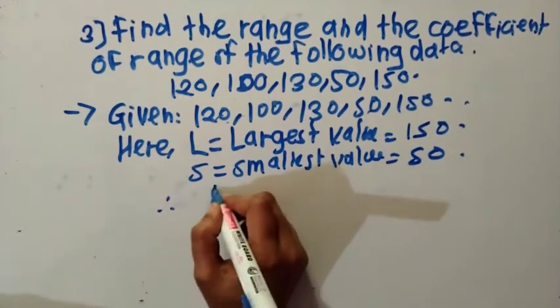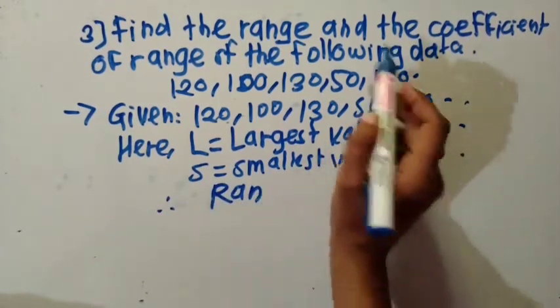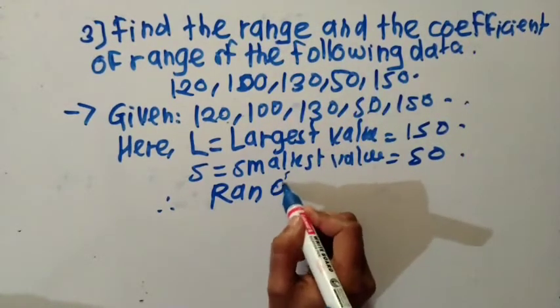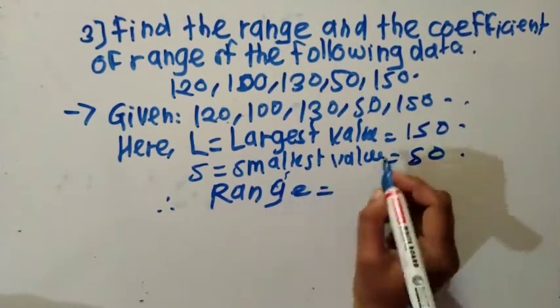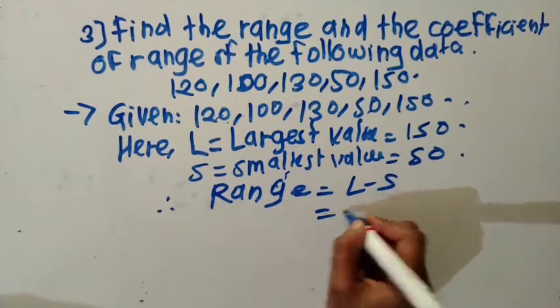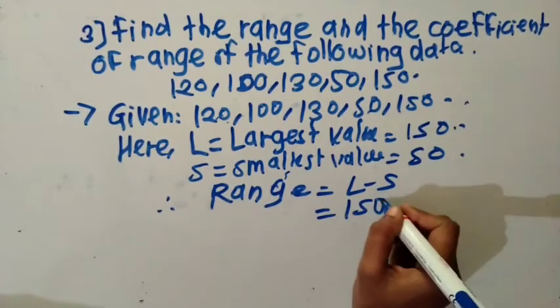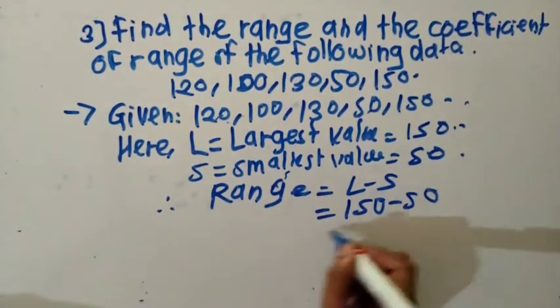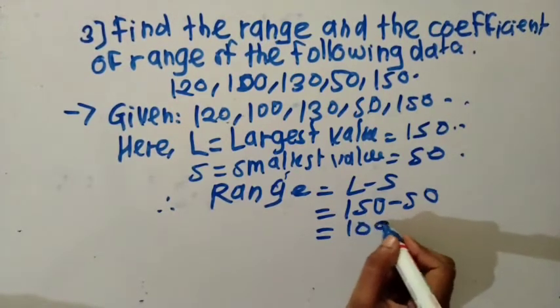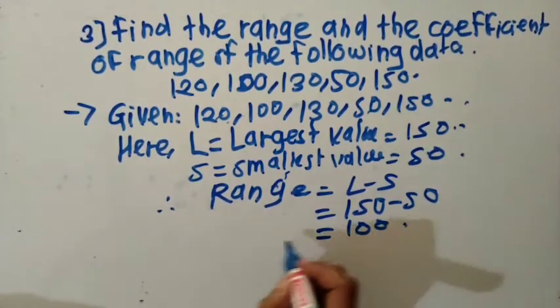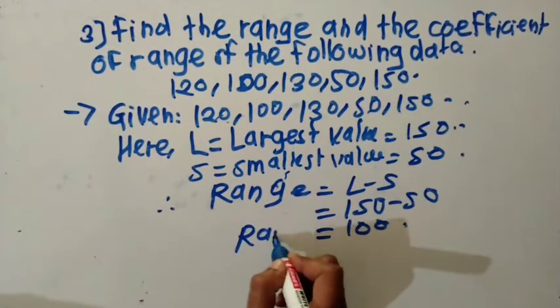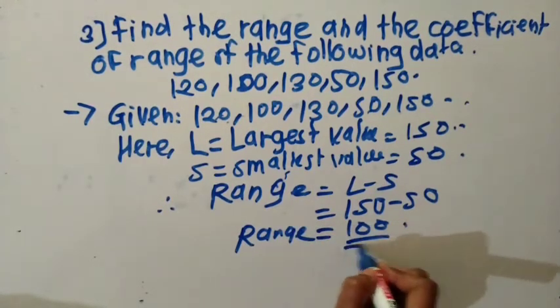So first, let us find out range. Range is equal to L minus S, which means 150 minus 50 is equal to 100. Hence range is equal to 100.